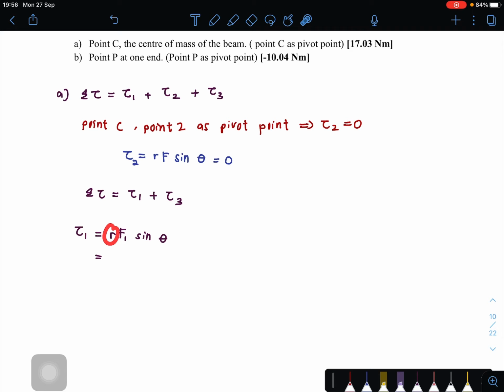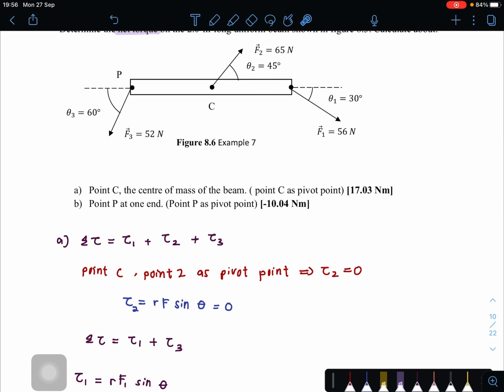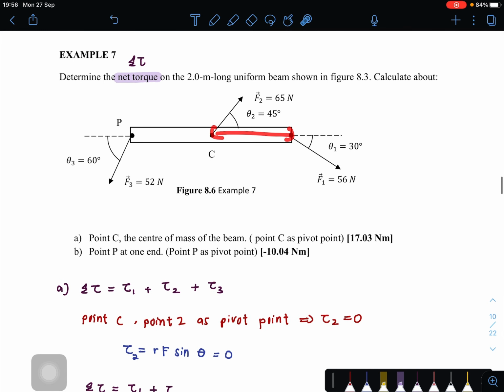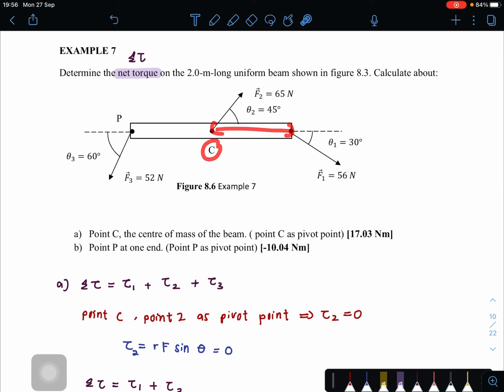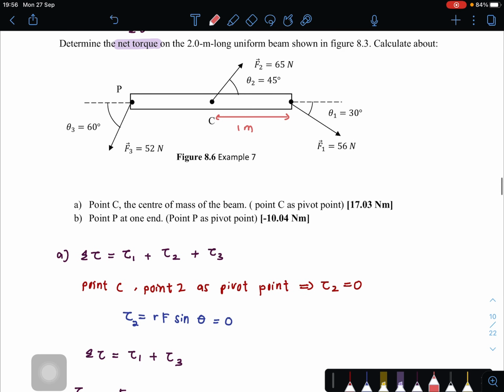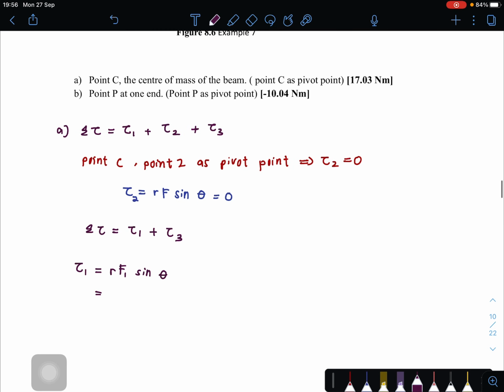So R here is the distance from the pivot point, from here to here. So since C is at the center and the length of this beam is 2 meter, we know from here to here is 1 meter. So you just put in 1 meter.